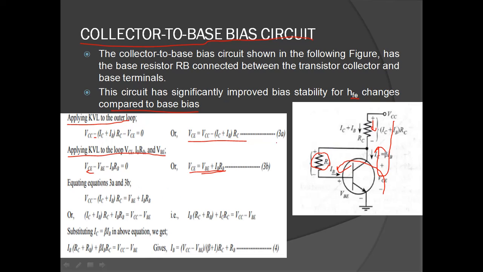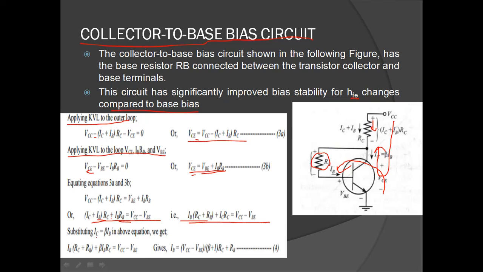Equating equations 3 and this one, because both are VCE only, you get (IC plus IB) into RC plus IB RB is equal to VCC minus VBE. When you rearrange it, taking IB common, you get IB times (RB plus RC) plus IC RC is equal to VCC minus VBE.